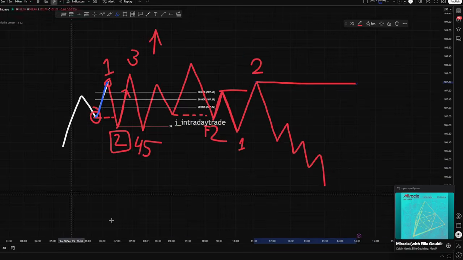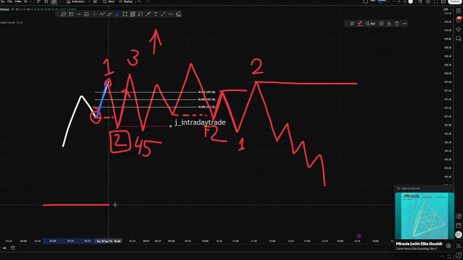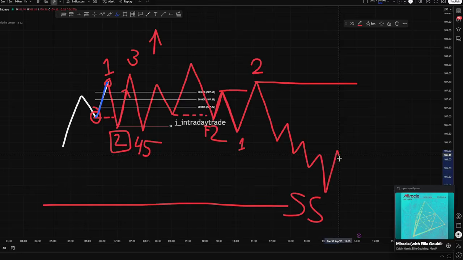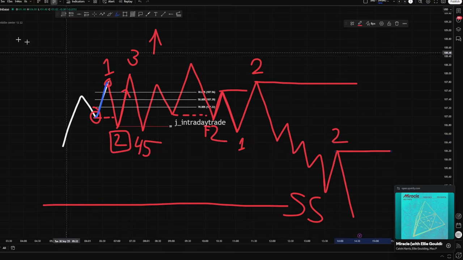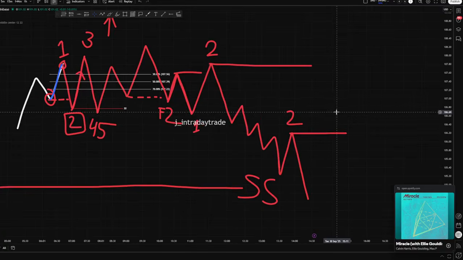So in this instance, we might be running for this level. These two lines resemble shit show levels, by the way.